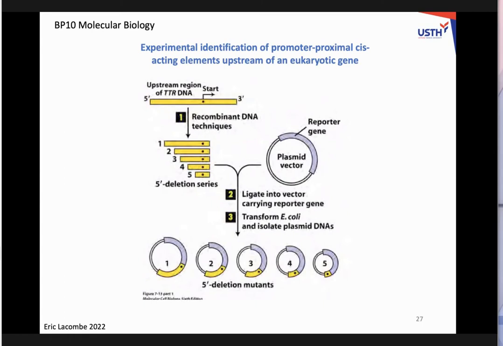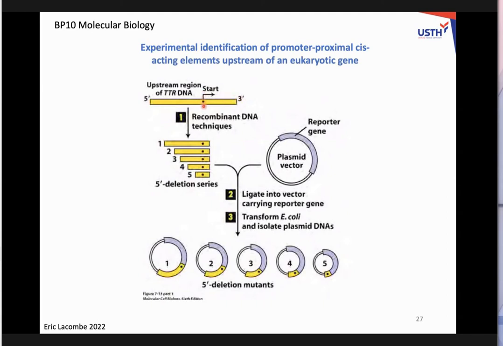So the idea is, once you have a promoter like that, you want to find which part of the promoter is important for driving the expression. The strategy is quite simple: we take the promoter.